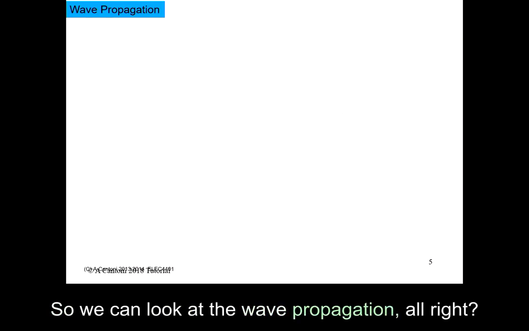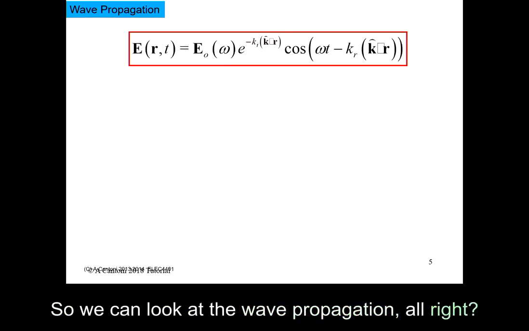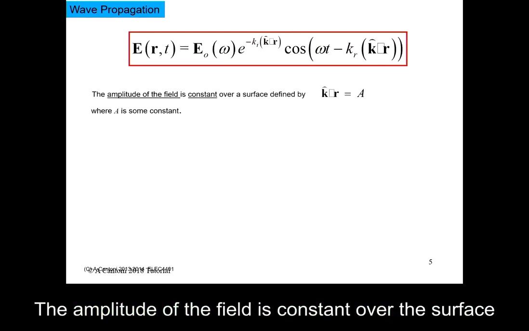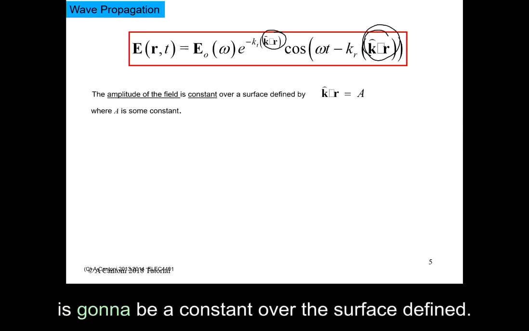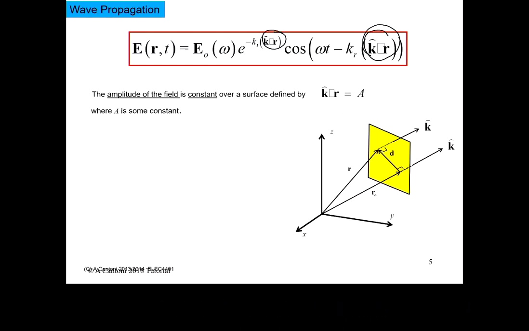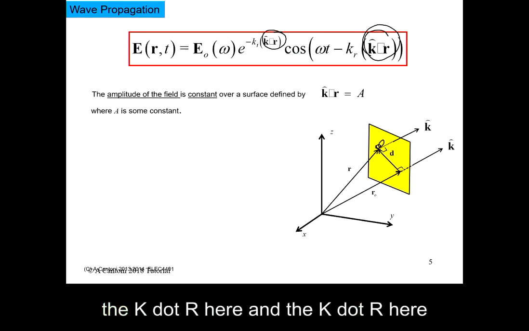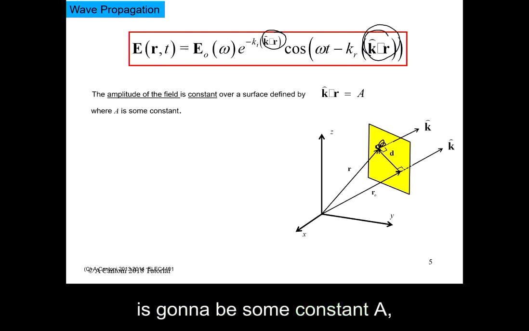So we can look at the wave propagation, right? The amplitude of the field is constant over the surface divided by k dot r. So this here and this here is going to be a constant over the surface defined. So if we look at this surface, the k dot r here and the k dot r here is going to be some constant a, and they're going to be the same.